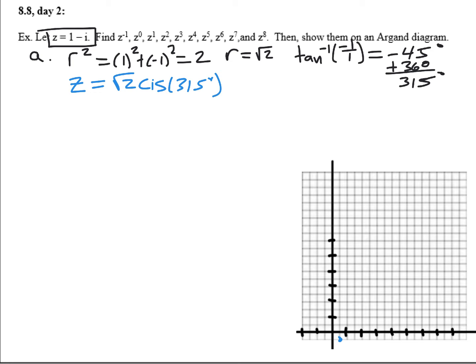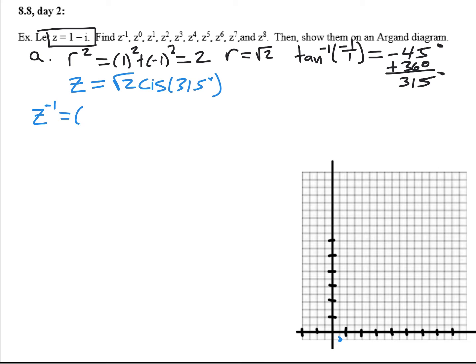Okay? Now we'll go off to the races and just do a whole bunch of powers, again and again, just practicing the rule here. That R gets raised to that power and theta gets multiplied by that number.